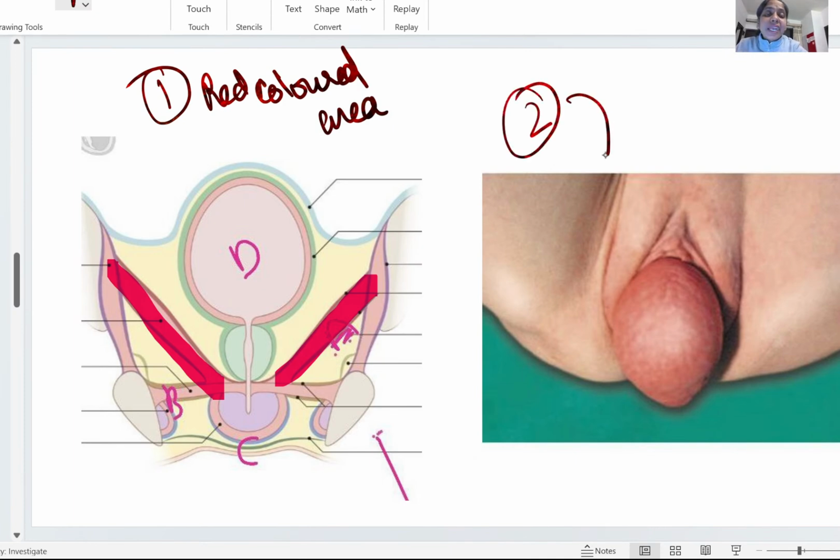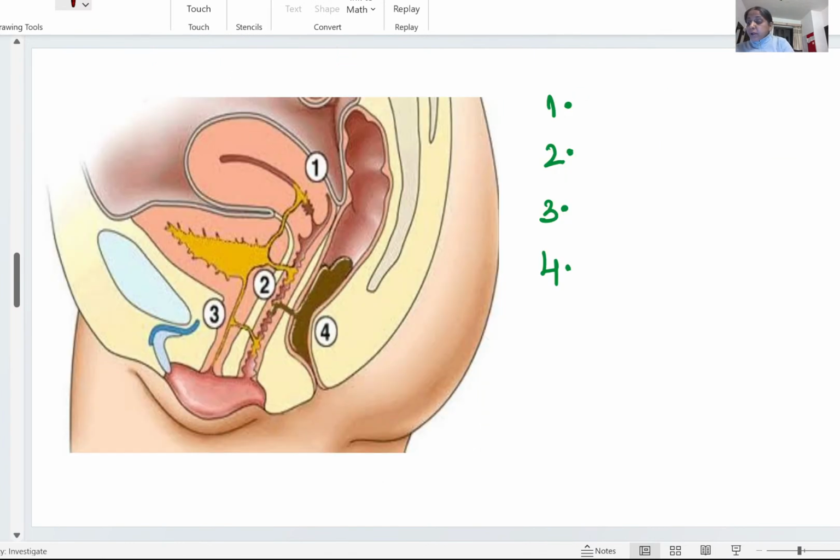Write down what the second image, spot diagnosis, is. What is fistula number 1?